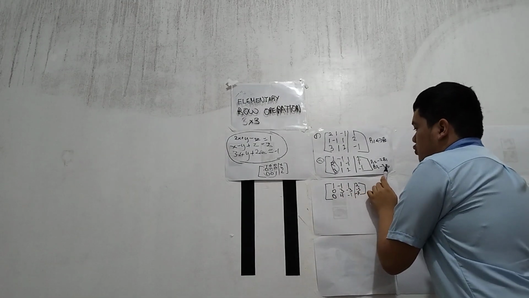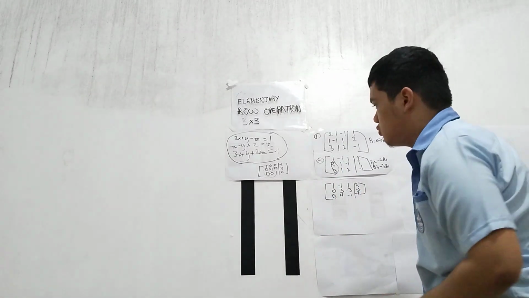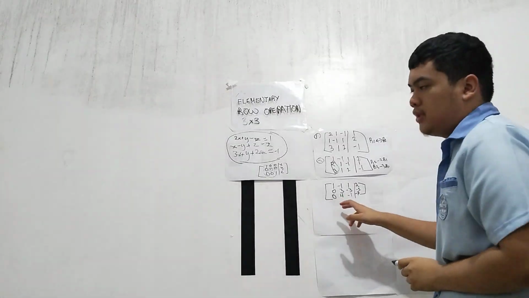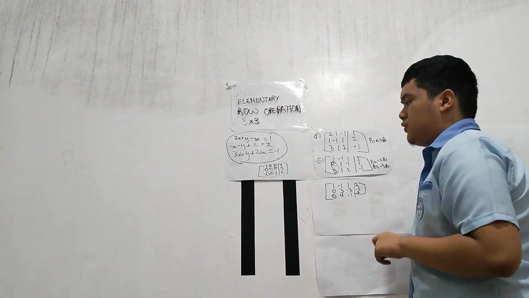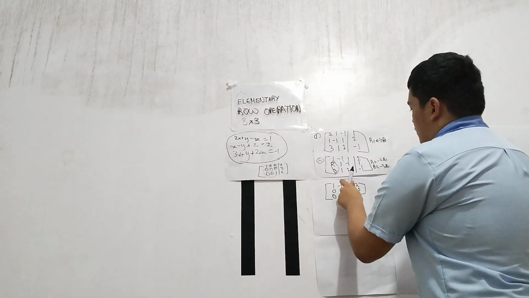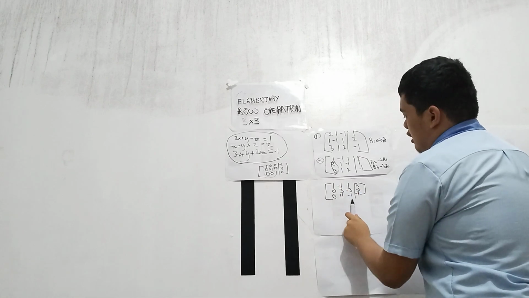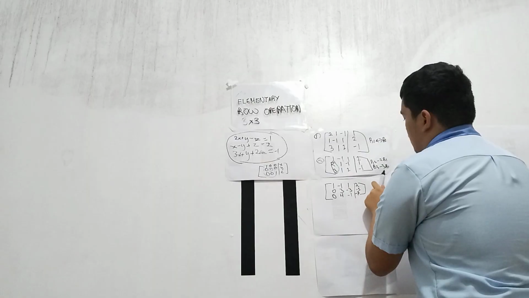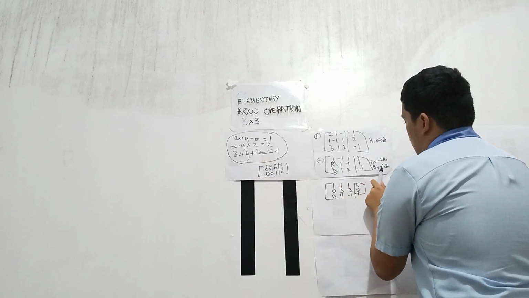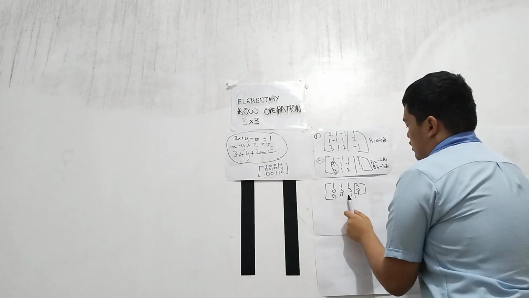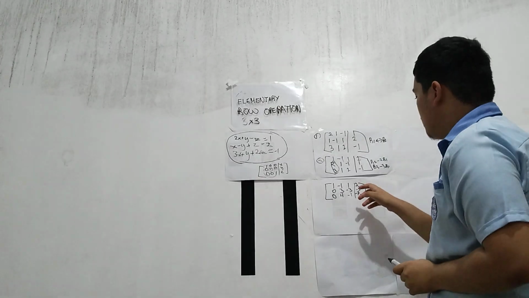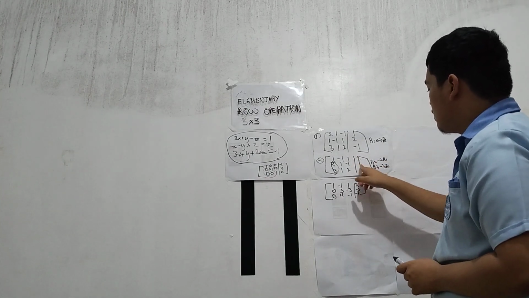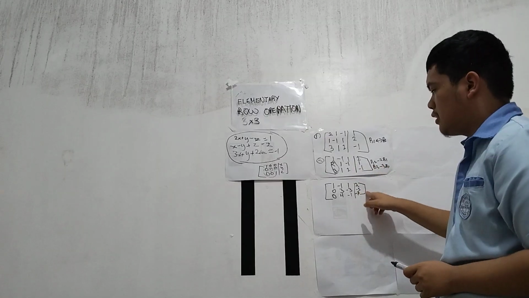And 3 times negative 1 is negative 3, and 1 minus negative 3 is 4, because of our same sign rule also. And negative 1, why we get a negative 1: because 3 times 1 is 3, and 2 minus 3 is negative 1, and 3 times 2 is 6. Negative 1 minus 6 is negative 7.